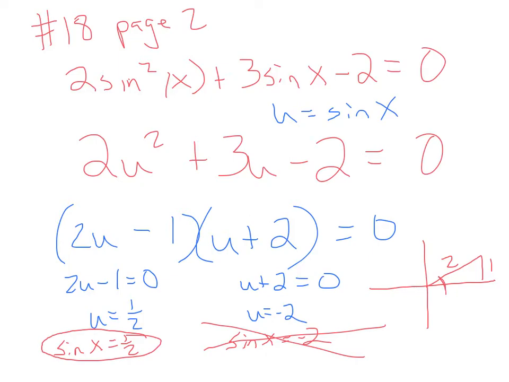And it's been pointed out that this is at pi over 6. And then we also have, you're saying 5 pi over 6? That also works. So our two solutions are pi over 6 and 5 pi over 6.